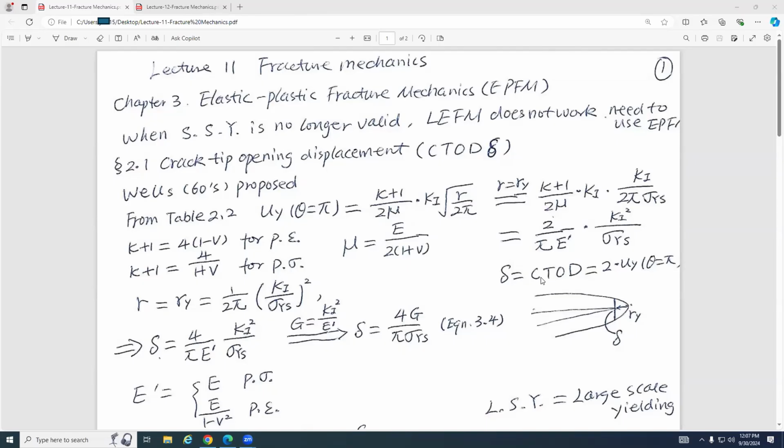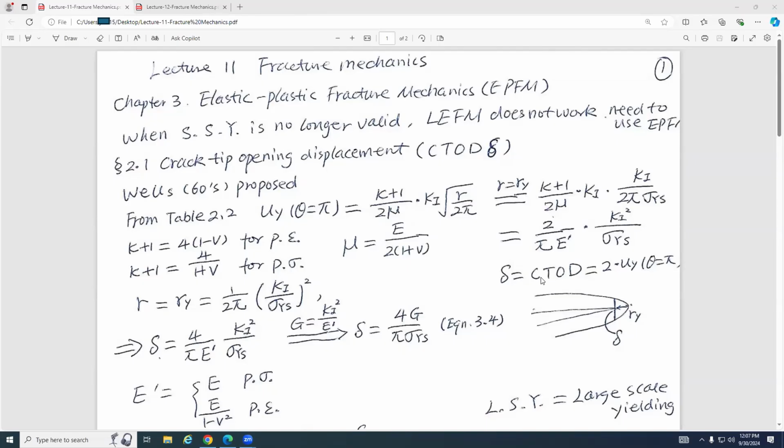What is the condition for small scale yielding? Small scale yielding means that as long as these three conditions are met, we just think that the plastic deformation is not very big. As a result, linear elastic fracture mechanics is still valid.